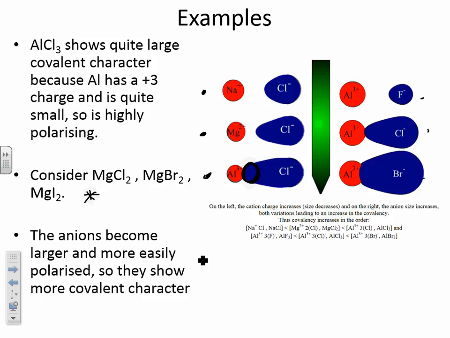But the fluoride, chloride, bromide are different sizes. You've got more shells, so you've got bigger ions. And again, you've got this increasing influence on the covalent character, because they're going to get pulled further away.